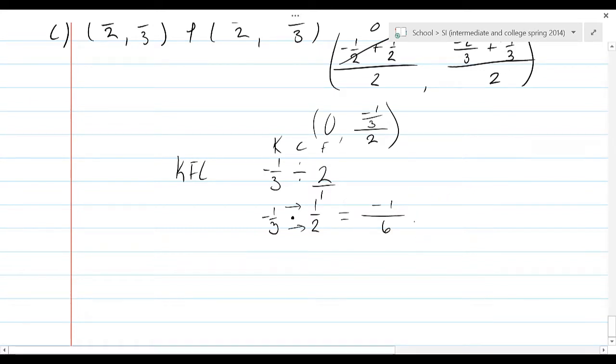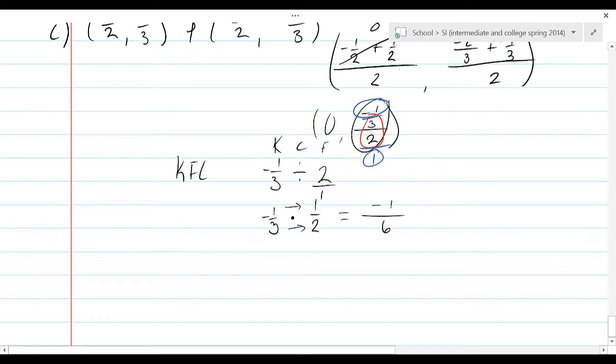Okay, so that's one way to solve this thing. Another way is to look at this. Let's go ahead and give it a different color. Blue over 1. So what you can do is quickly multiply 3 times 2, and then multiply negative 1 and 1.